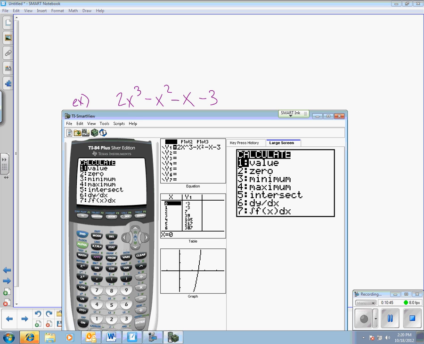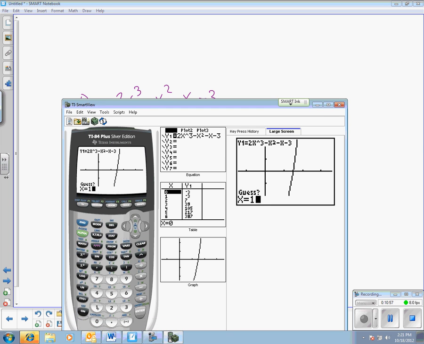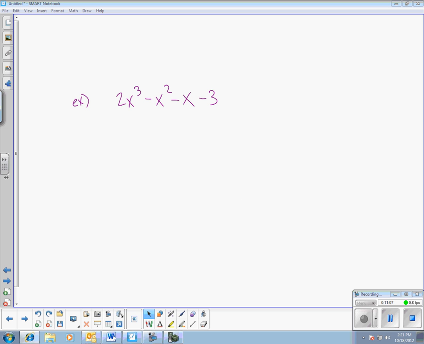Second trace, option 2 for a 0. I know it's somewhere between 1 and 2, so those are going to be my left and right bounds. My guess is going to be 1.5. And in fact, it is 1.5. So it's a rational root. This thing has a 0 at 3/2. Think of it as 3/2 instead of 1.5.